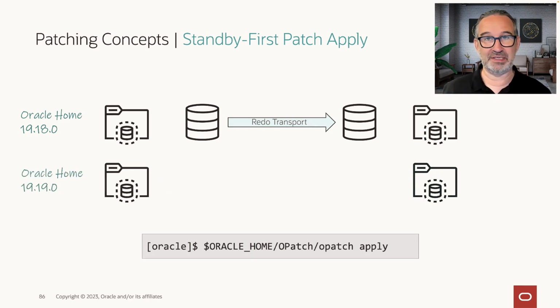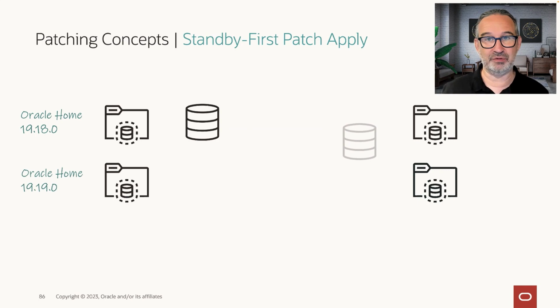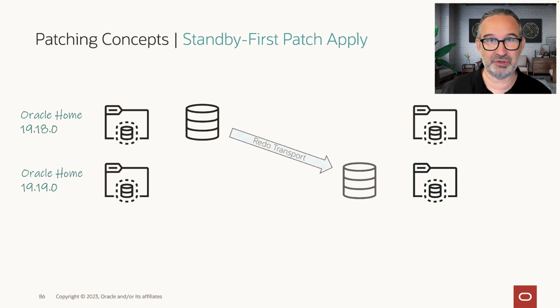Once my home is 19.19, it's very simple. I stop my standby and I relocate the service, and it works with and without RAC, and I start it in managed recovery mode in the 19.19 environment. Now I have the first assertion. I see if the redo apply runs successfully, if all goes fine. But this is just half of the cake.